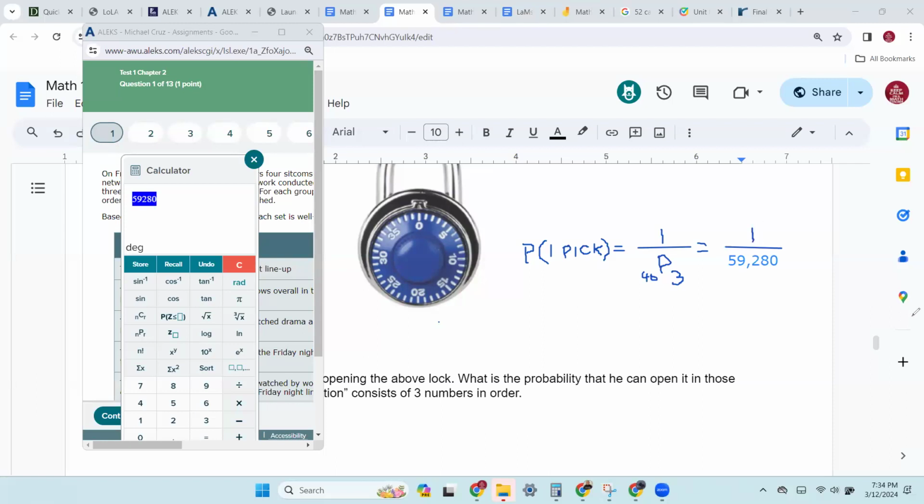So if we just got one try at guessing that combination, we're only getting one out of the 59,280 possible combinations for that lot.